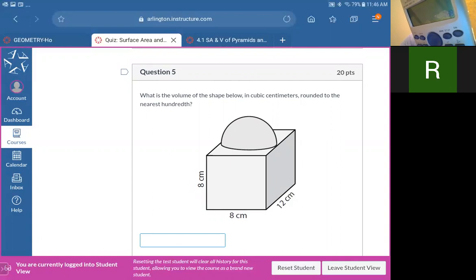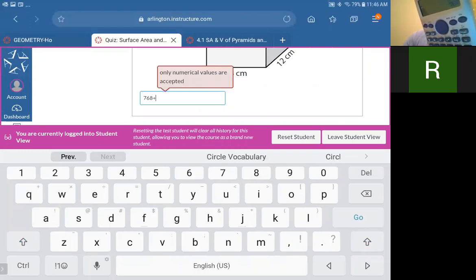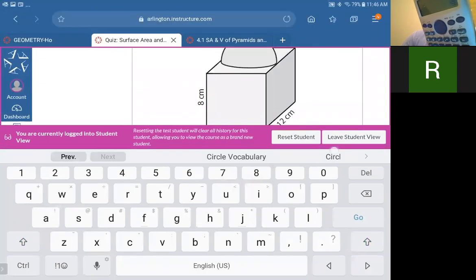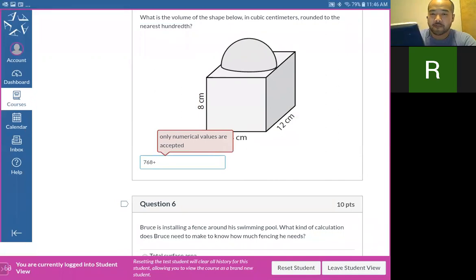You do 768, but you have to add the circle. The radius of the circle is 8. For a sphere, it's 4/3 times pi times your radius cubed.